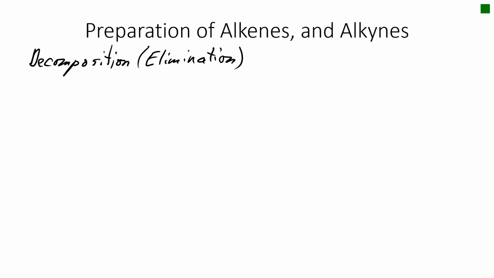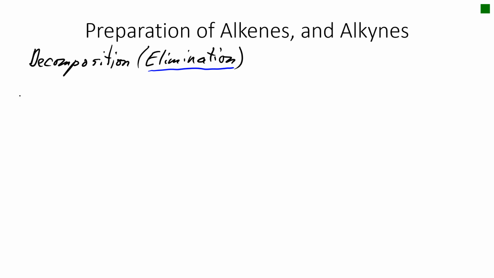So it's decomposition under the old system. For organic chemistry, we will be referring to it as elimination. And elimination always produces some small inorganic molecule, like HCl or water or something like that.